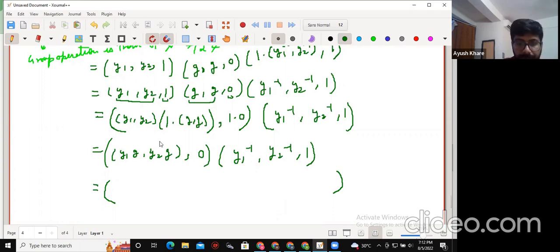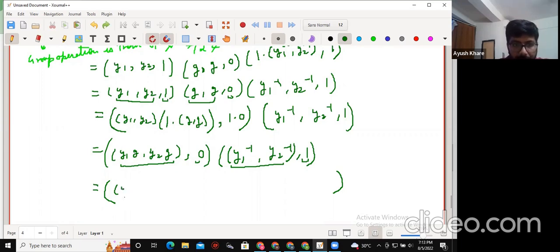Okay, so now this is your N1, this is your H1, this is your N2, and this is your H2. I'm again putting a bracket here just to make you comfortable with the notation. So this is the first element, this is the second element, this is the first element here, and it's the second element. So it will be y1g comma y2g.